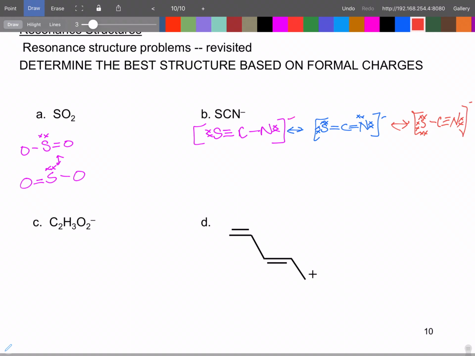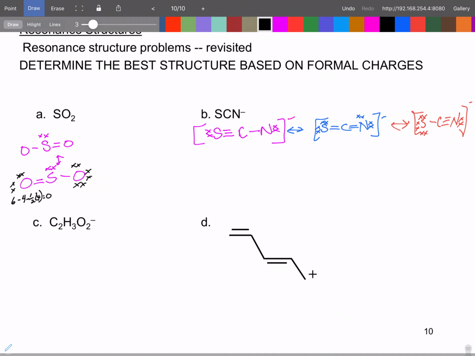Okay, so let's go back and look here. If the oxygen has the double bond, and I did not put in the lone pairs here, nor here, but they're the same in both ones, the oxygen with the double bond is going to be 6 minus 4 minus 1/2 of 4, which is 0.